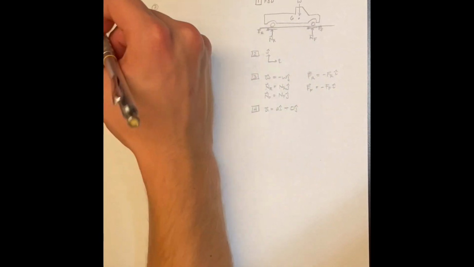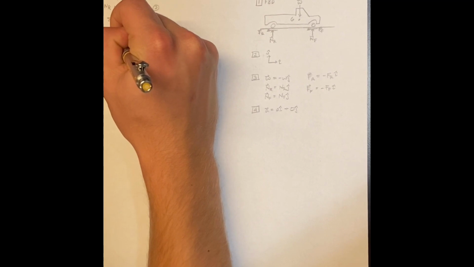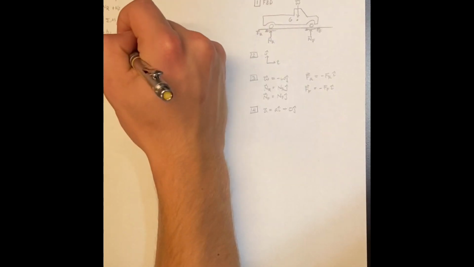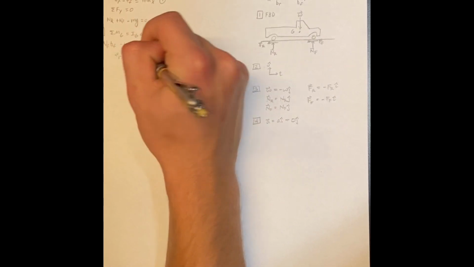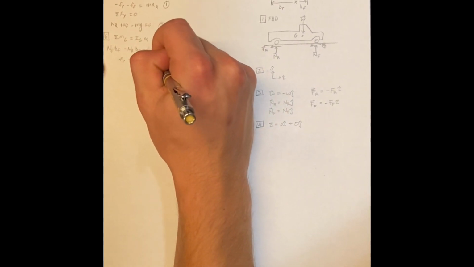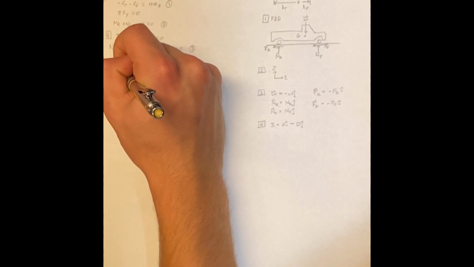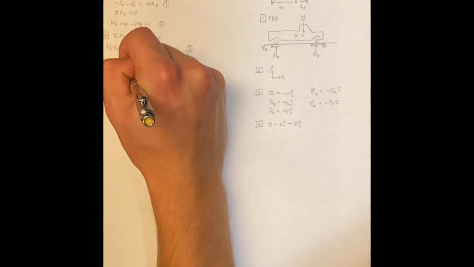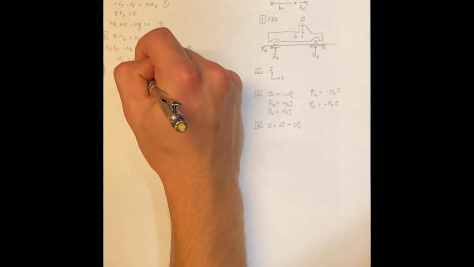From this equation, we can get that the force of the rear tire, or the friction of the rear tire, is equal to mu sub k times the normal of the rear tire. We'll call this equation 4. And we can also get that the force of friction of the front tire is equal to the coefficient of friction times the normal of the front tire.